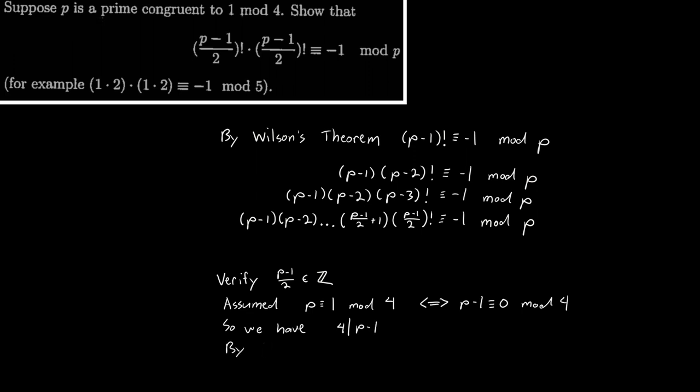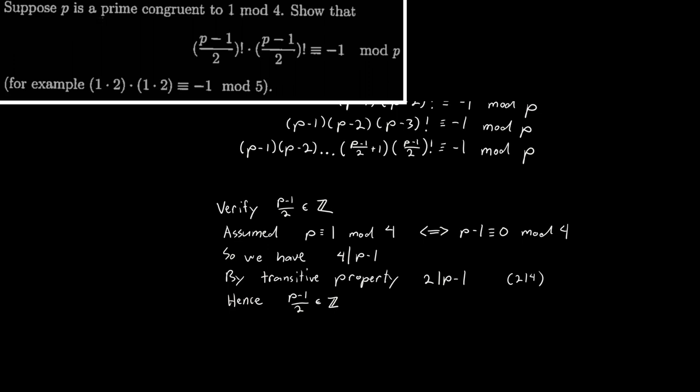By the transitive property of divisibility, which is if a divides b and b divides c, then a divides c, we can say that 2 divides p-1, because 2 divides 4 and 4 divides p-1. So since 2 divides p-1, then (p-1)/2 is in fact in Z.